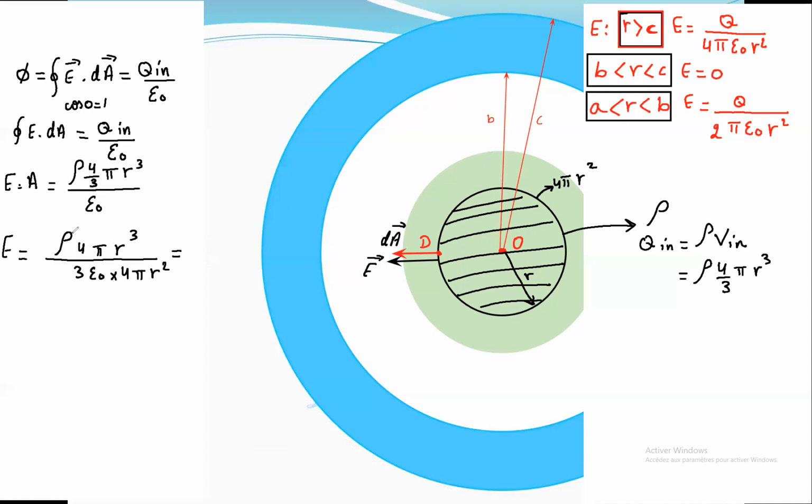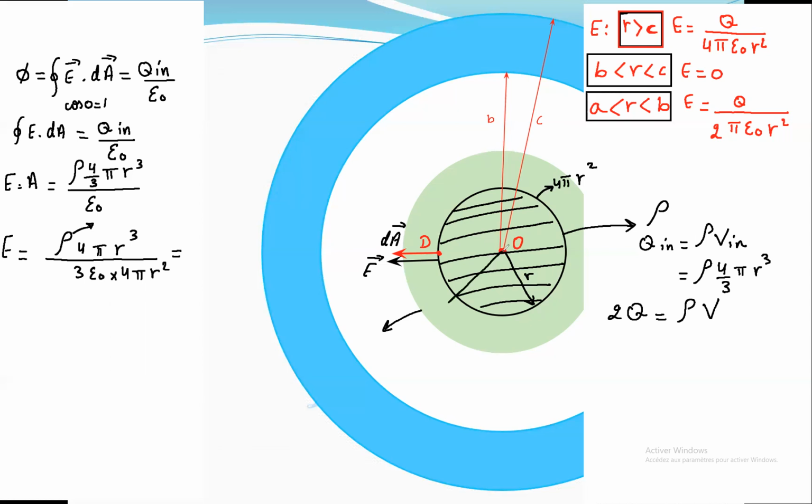How? By using rho. We said here Qn equals rho Vn. Also, we can say Q total of this sphere equals 2Q. 2Q equals rho times V total.